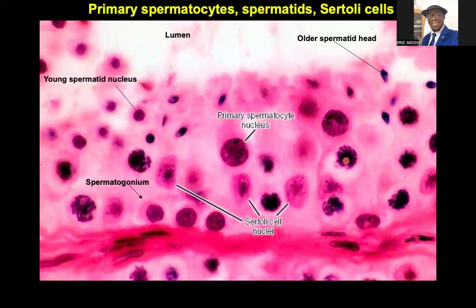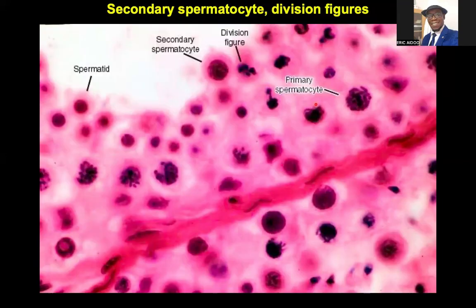So this will also be another stage of development. That is a primary spermatocyte, and obviously all these will be the spermatogonia, which are very close to the base. This will also be a primary spermatocyte, another one there, another one there. You can now see a secondary spermatocyte. And then you also have a spermatid.